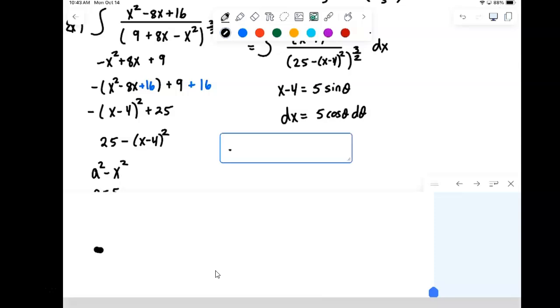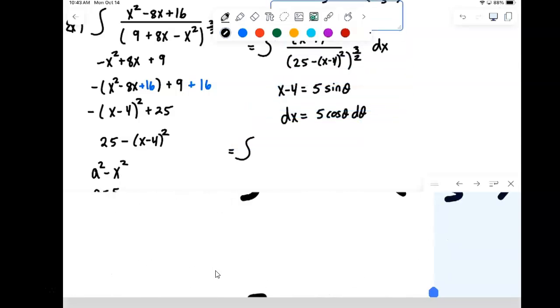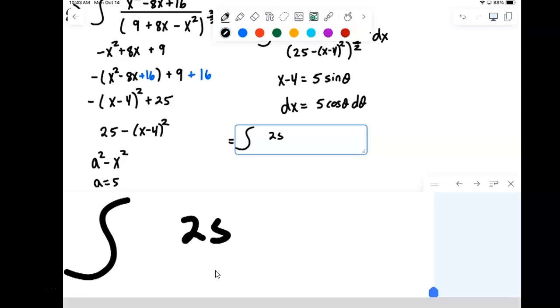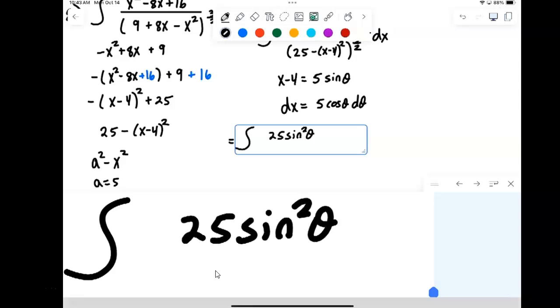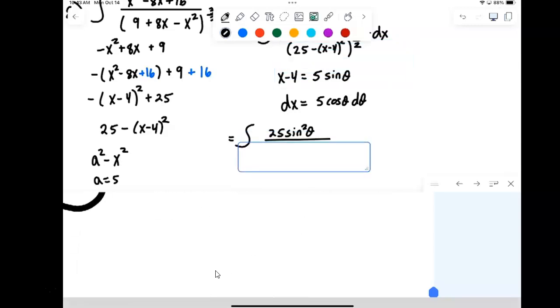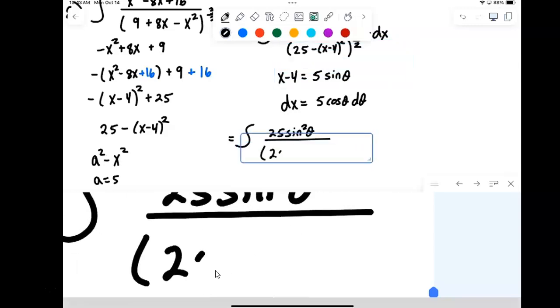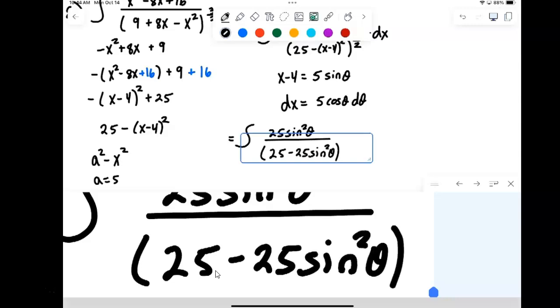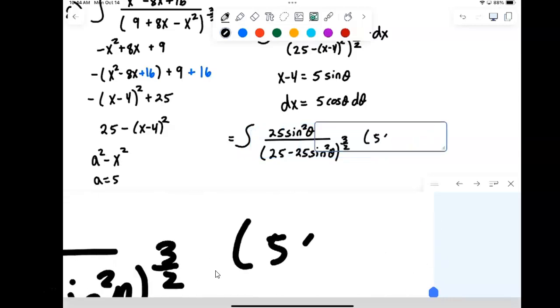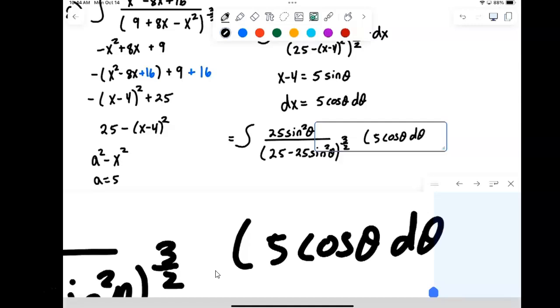So this will be integral of 5 sine of theta squared on top, so 25 sine squared theta, over 25 minus 5 sine theta squared, so 25 minus 25 sine squared theta to the 3/2, and then times 5 cosine theta d theta.